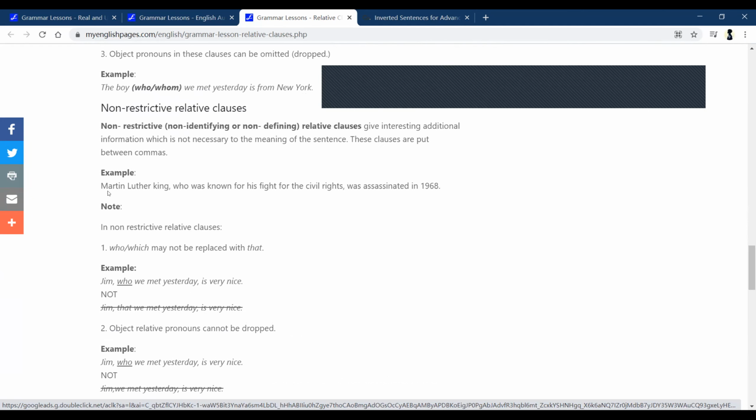We're now talking about non-restrictive relative clauses, which give interesting additional information that is not necessary to the meaning of the sentence. Like Martin Luther King, who was known for his fight for civil rights, was assassinated in 1968. We can just say Martin Luther King was assassinated in 1968.